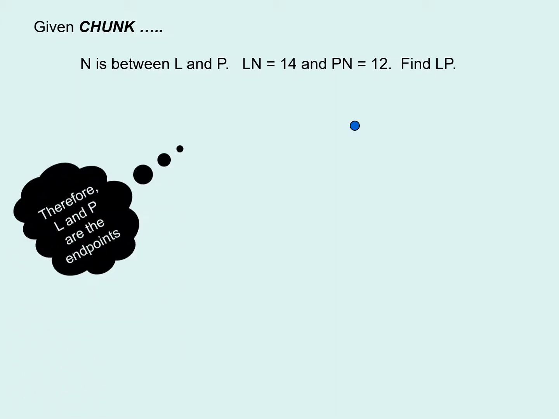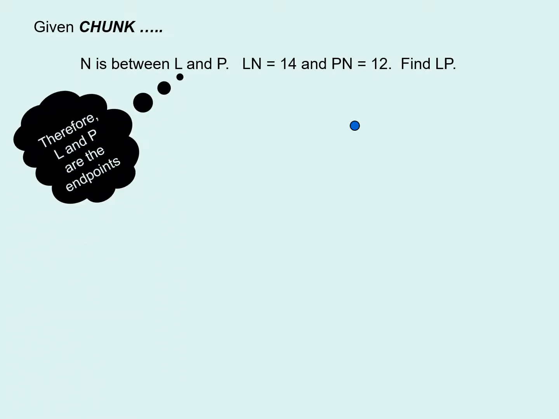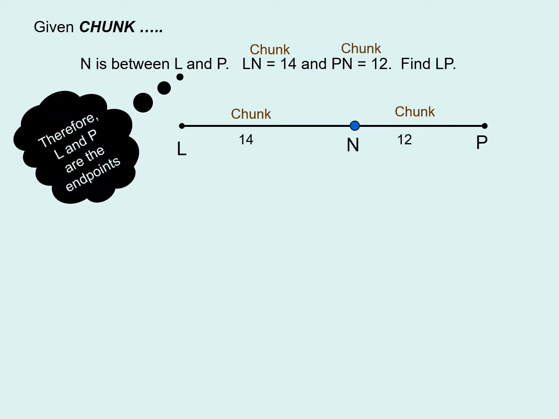Now, what about this? There are two ways that you can be given information. If you are given two chunks, it says N is between L and P. Well, L and P must be the endpoints if N is between them. So you've got a line segment, and L and P are the endpoints. That means N must be between them. You know that one chunk is LN, another chunk is PN.